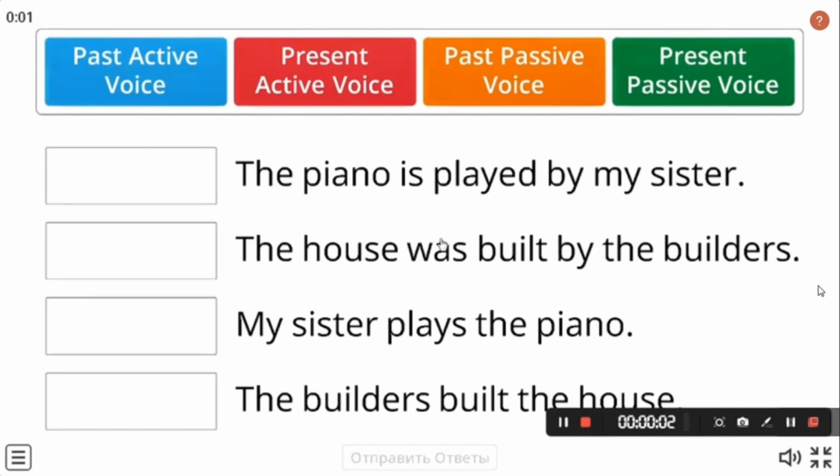Match the correct voice. The piano is played by my sister. The house was built by my builders. My sister plays the piano.